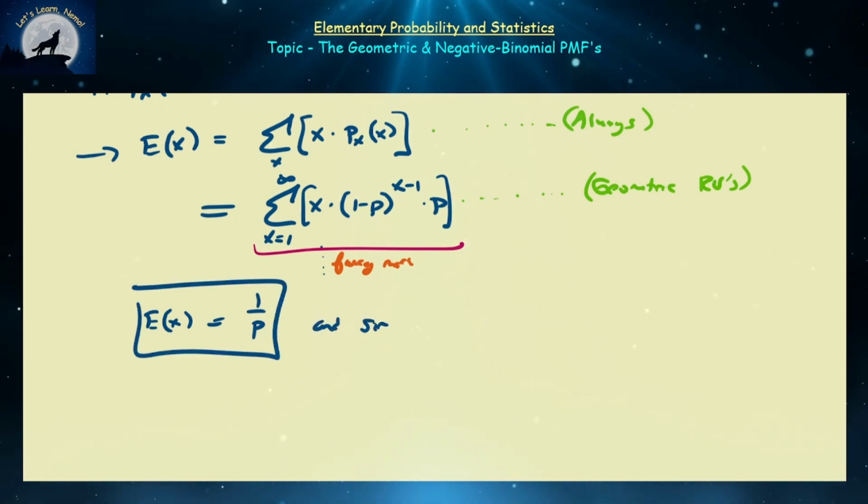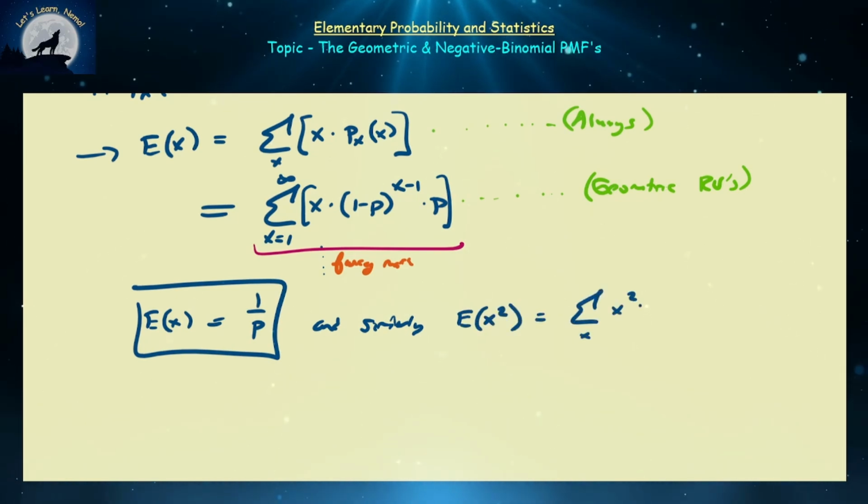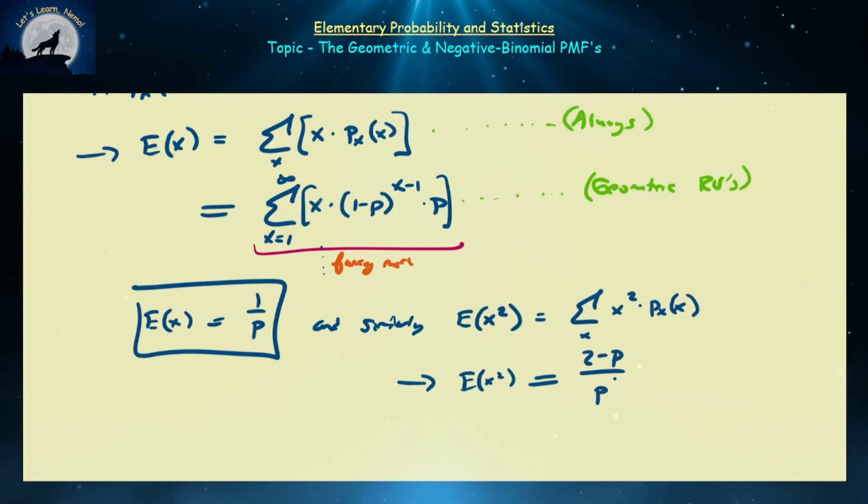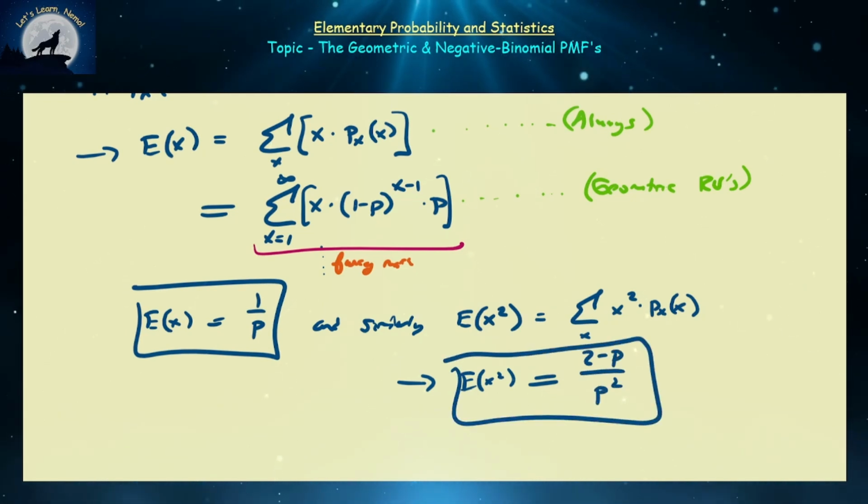And similarly, if you find E[X squared], which keep in mind is the sum across all values of x squared times p_x(x), we're actually going to get, for the geometric random variable, (2 minus p) over p squared. Right? So that also turns into a nice mathematical expression.